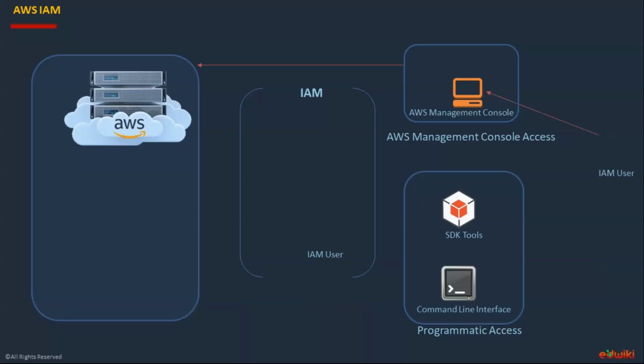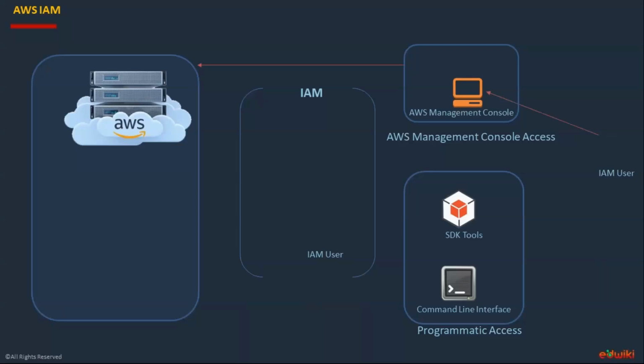That means if you want to log into AWS, you have two options. Option one, console access. That is where you go to the browser and give your username and password and log in. The second option is programmatic access, right? The programmatic access is a command line based login to your AWS, and whatever you do in the management console from your browser, all those operations can be done from your command line access as well.